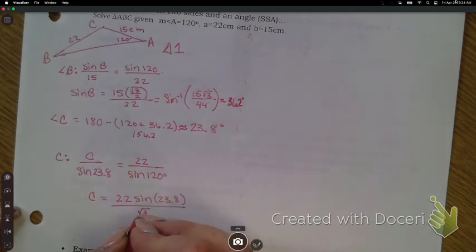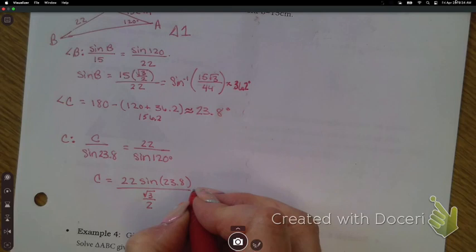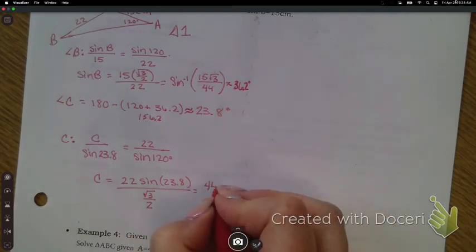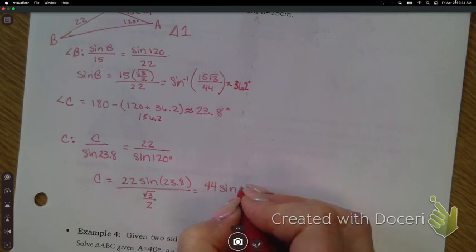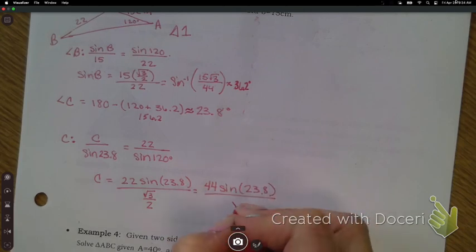Sorry, I said 2. I was about to write a 3. So then I multiply by the what? By the reciprocal. So 22 times 2 is 44. So 44 sine of 23.8 over square root of 3.